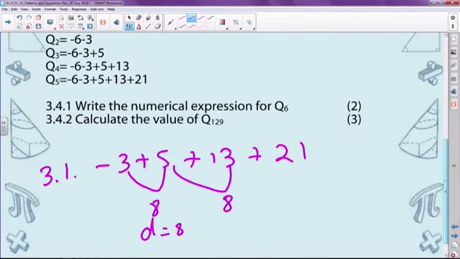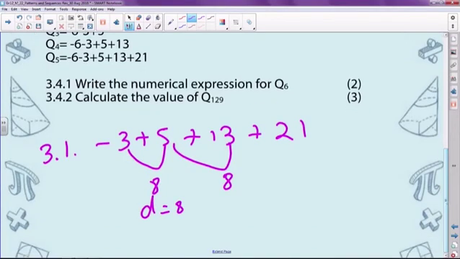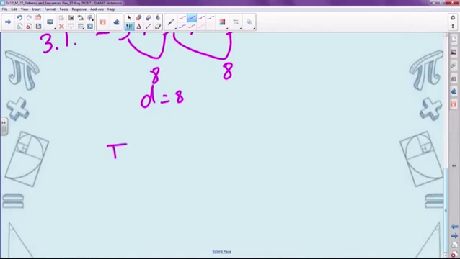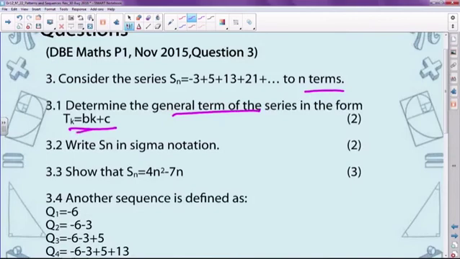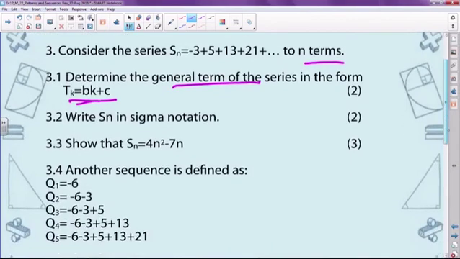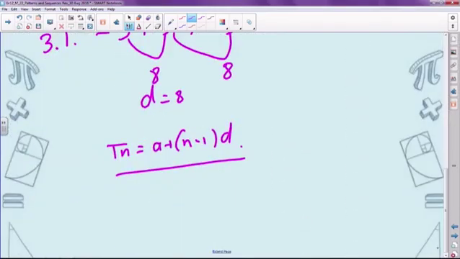Now you know that the general form of an arithmetic sequence, and we see that it is an arithmetic sequence, is Tn is equal to a plus n minus 1 times d. They've asked you to write it in a specific form, which is Tk is equal to Bk plus C. Remember that those variables are just placeholders, so it shouldn't be a problem at all. So Tk is equal to Bk plus C.